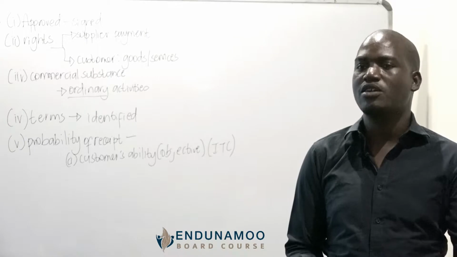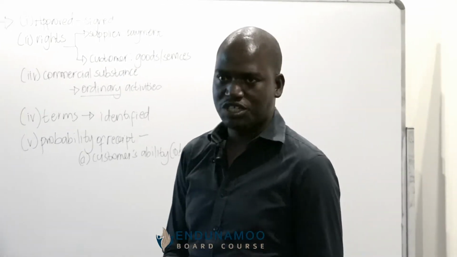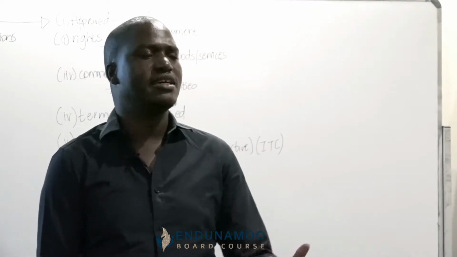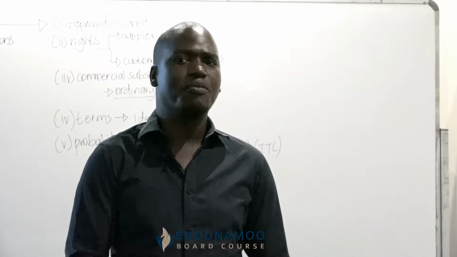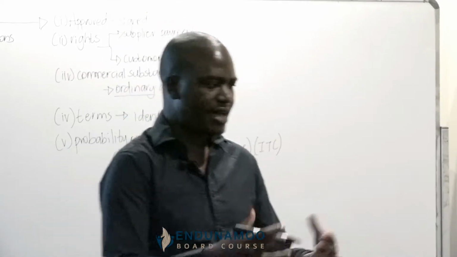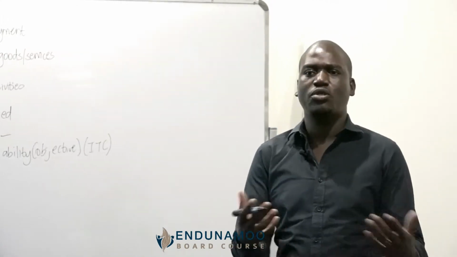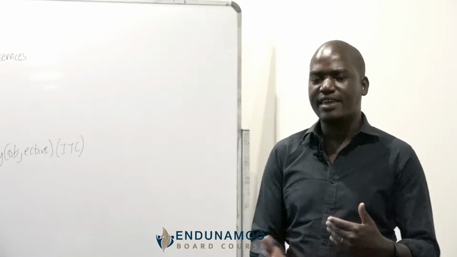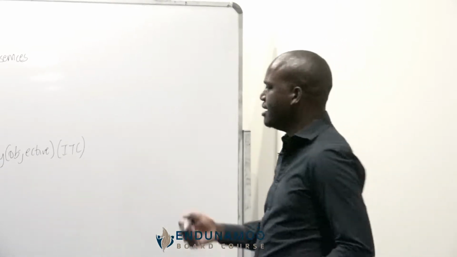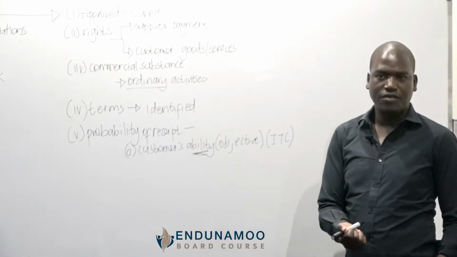If someone is making losses and they want to buy from you on credit, you have to be a bit cautious to say that, am I going to receive the money from this particular customer? Or probably they can tell you that the customer has a credit rating of AAA, or the customer has a credit rating of junk status. So those are the kind of things that you can actually consider when you assess the ability of the customer.